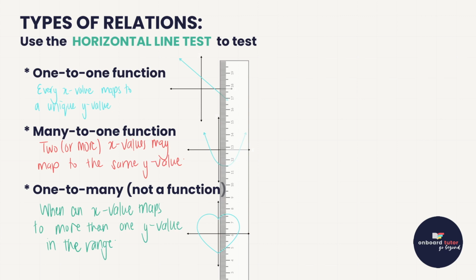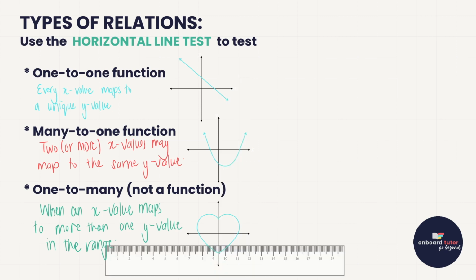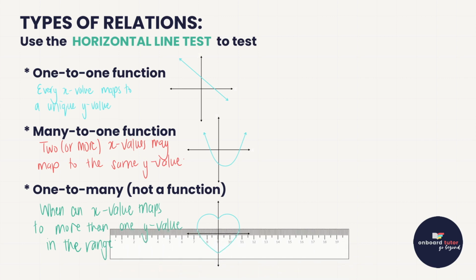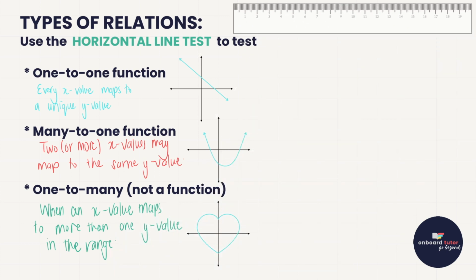But let's have a look how it performs on the horizontal line test. Okay, so what we notice here is as we move it up, this is cutting more than once on the horizontal line test. So it passes neither the vertical nor the horizontal line test. And this is a one-to-many relation.